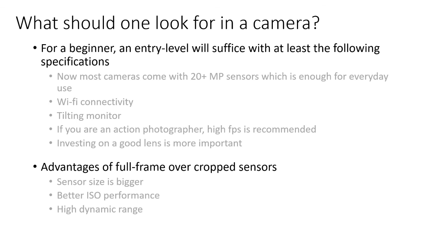And a bigger sensor size also means more dynamic range. So these are a few of the advantages of full frame cameras. So the answer to your question is, if you're a social media person, megapixels will not matter a lot for you. But if you are a print person, then megapixels become far more important.